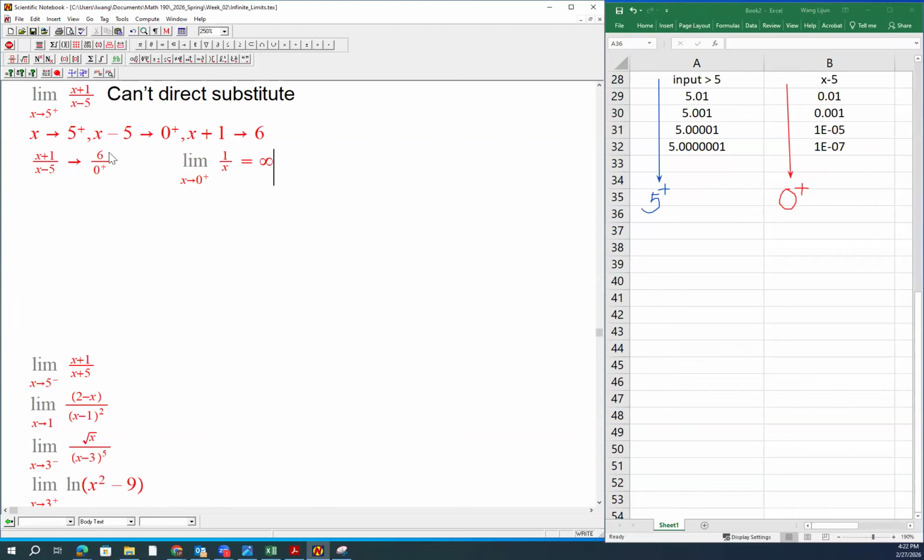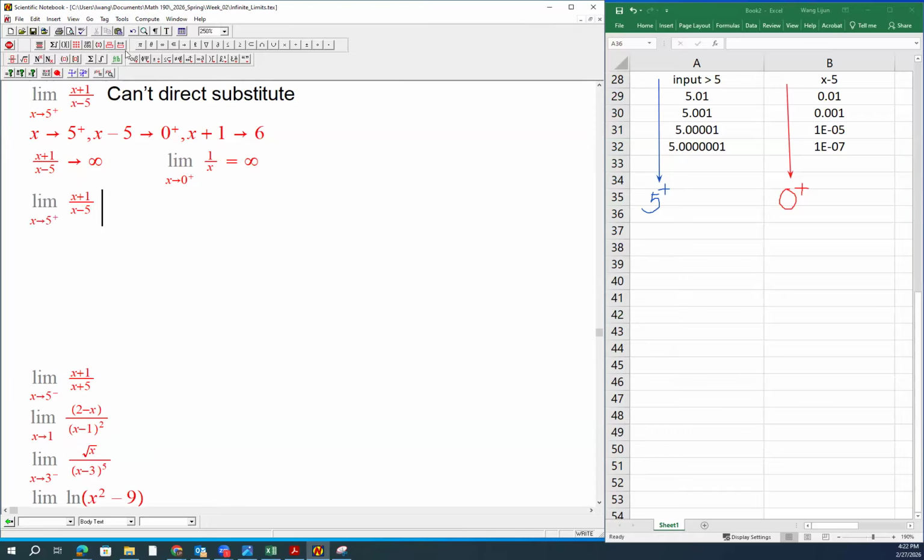But whether it's 1 or 6, they're finite numbers. The denominator is approaching 0 from larger than 0. So that's how we can make a connection, because they're a similar dynamic process, and therefore this will be approaching positive infinity. So as a result, now we can say this limit is equal to positive infinity.